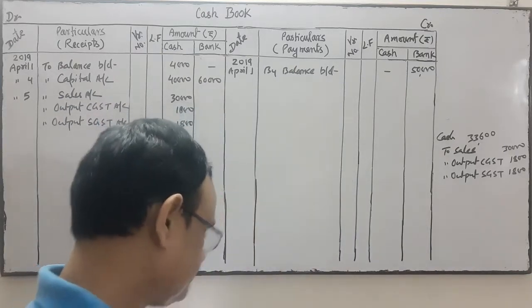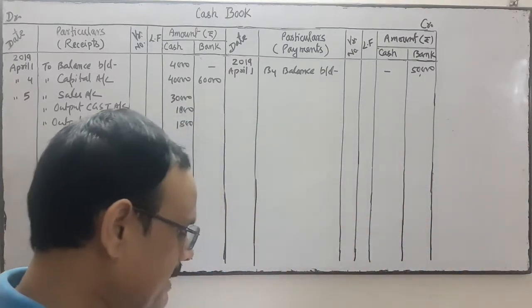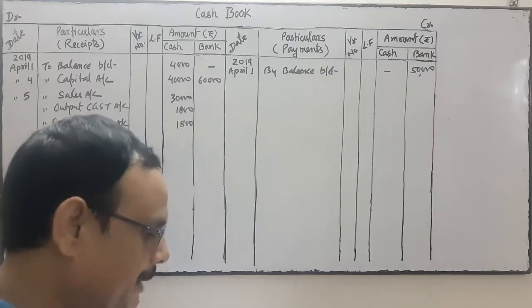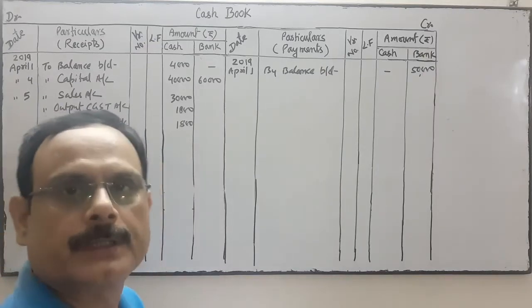Next is the next posting. You see the next transaction. Purchased goods for rupees 55,000 plus CGST and SGST at the rate of 6% and issued a cheque for the same.